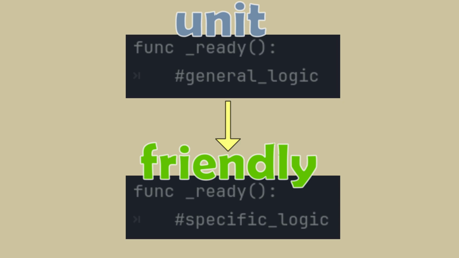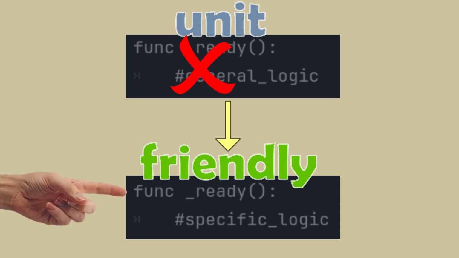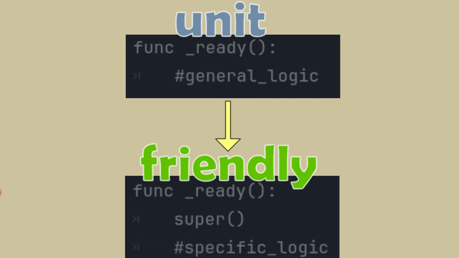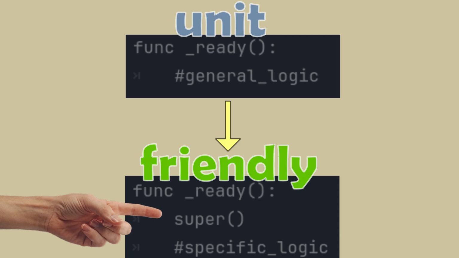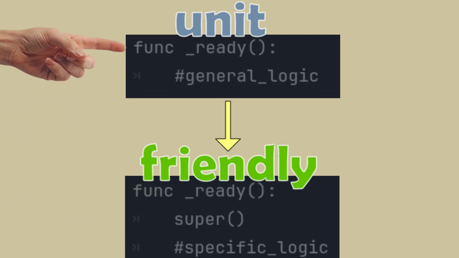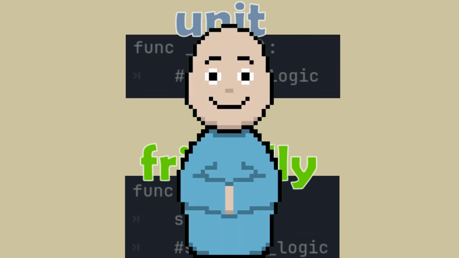So, with the way it used to work, the ready function of the base script would run first, followed by the ready function of the inherited script. In Godot 4, however, this behavior was changed so that only the ready function of the inherited script runs. Unless you use the super keyword, which calls the function from the base class. Now that wasn't too difficult to understand, right?